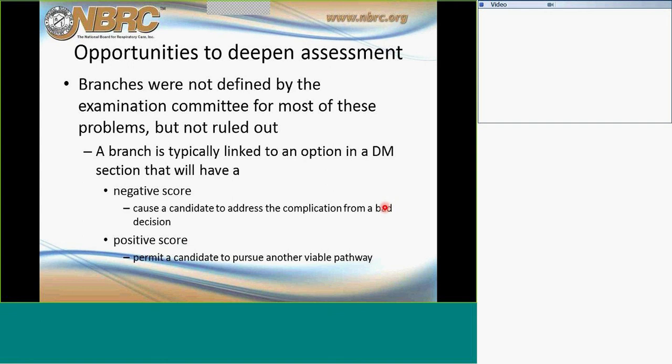We'll talk about branches for a moment here as opportunities to deepen the assessment, and that's because they can serve a couple of purposes. One is you get the opportunity to assess whether somebody can recover from making a mistake, in which case the branch comes from an option that will have a negative score.